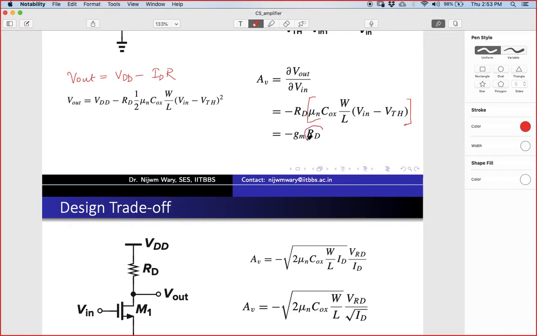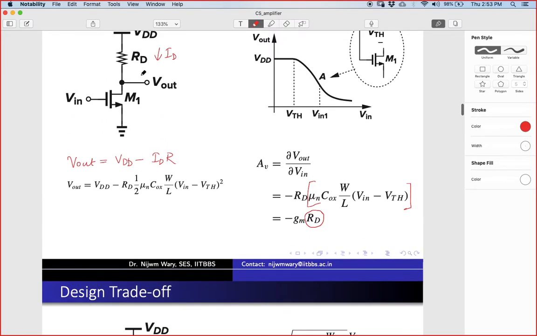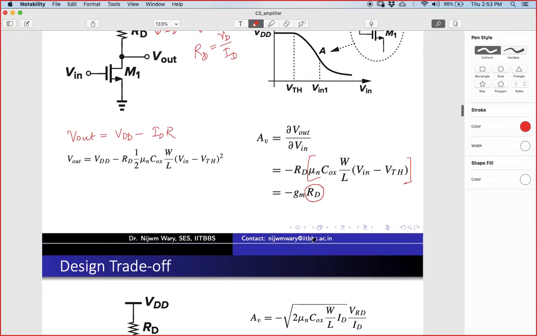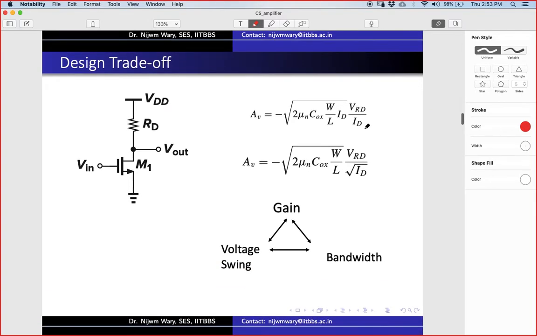And RD I can write in terms of the voltage drop and ID. We know that the voltage drop across RD is ID into RD, so RD is nothing but VRD by ID.